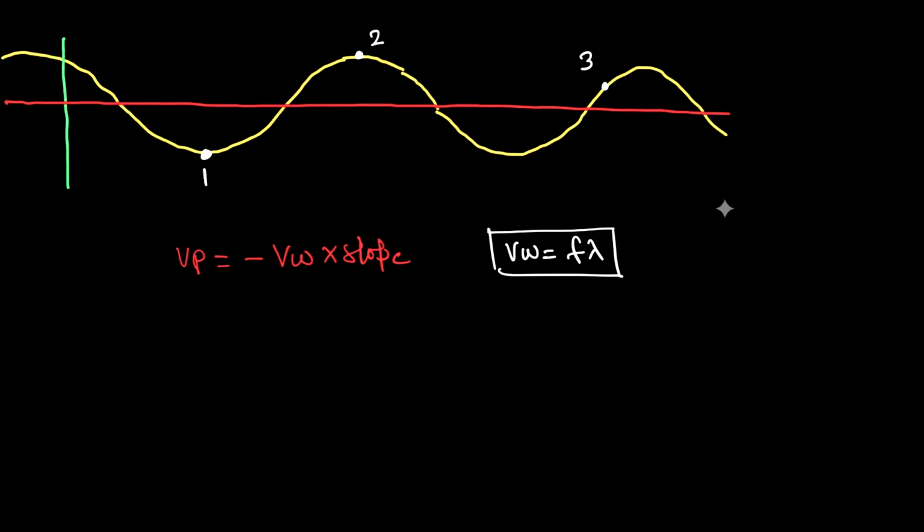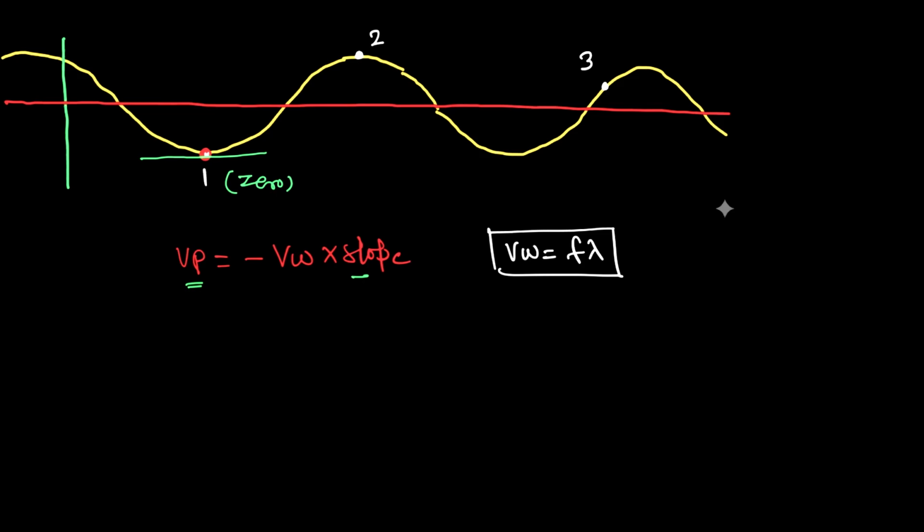So if I need to find where particle 1 is moving, in that case, if you see the slope of this one, it is 0. And if the slope is 0, it means the velocity will become 0. So what's the velocity of this particle? 0. It means particle 1 is going nowhere at that instant.